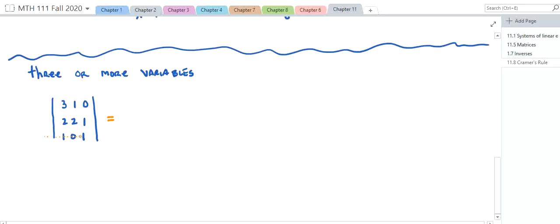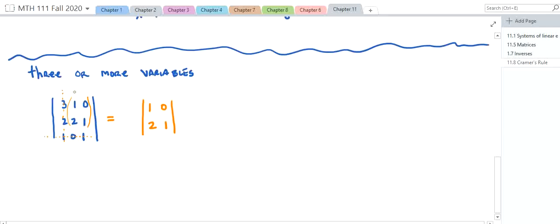So you create a bunch of minor matrices, and we're going to do that by selecting this first row here. So now my minor matrix is this matrix. So I have 1, 0, 2, 1. And I want to get the determinant of that.